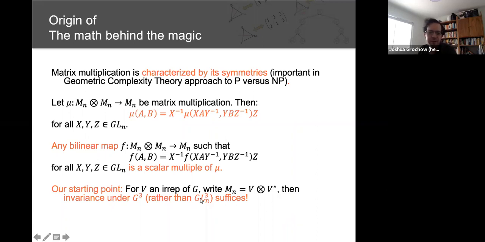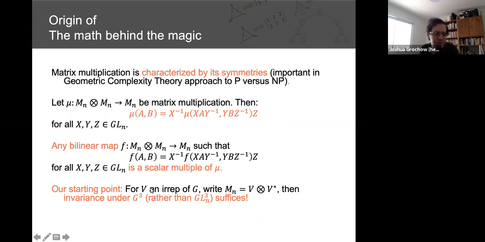So the idea was, say V is an n-dimensional irreducible representation of some finite group G. You can think of n by n matrices as V tensor V star. And if you think of it this way, then you get an action of G on n by n matrices, just like up here we had actions of GL_n on n by n matrices.